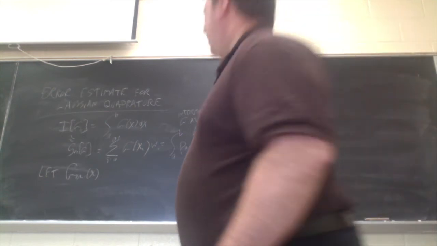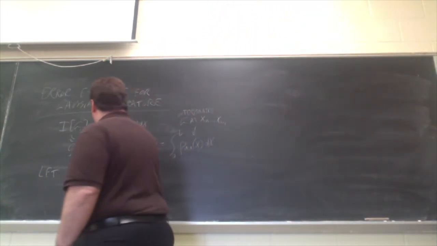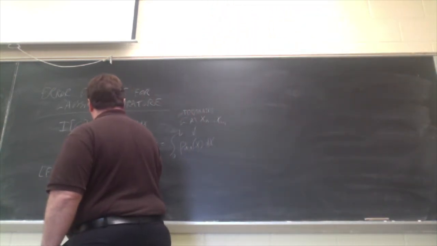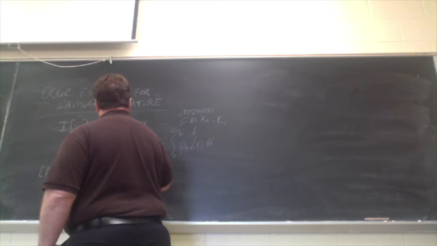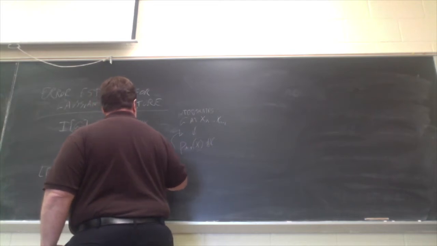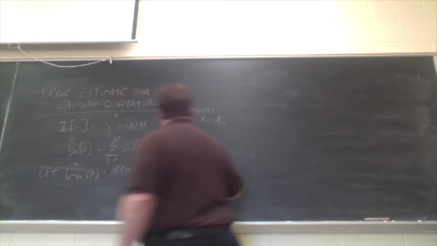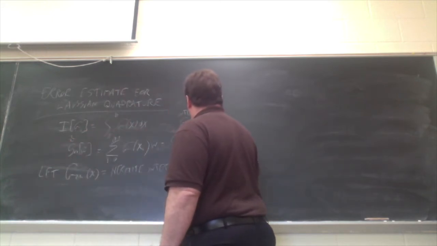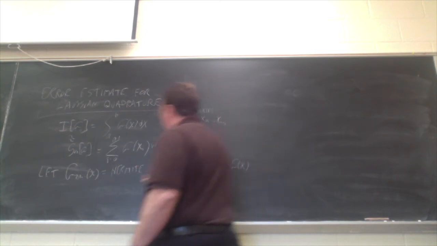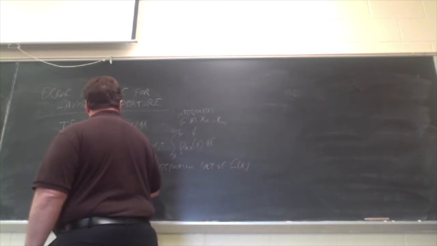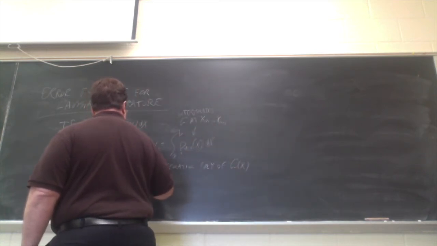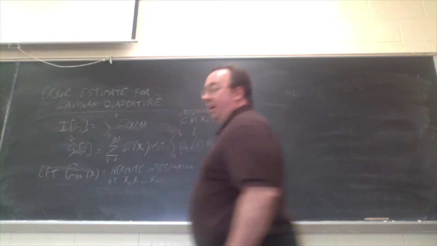So if I let G_{2n-1} be the Hermite interpolating polynomial of capital G, and of course it interpolates at these nodes, x_0 up to x_{n-1}.